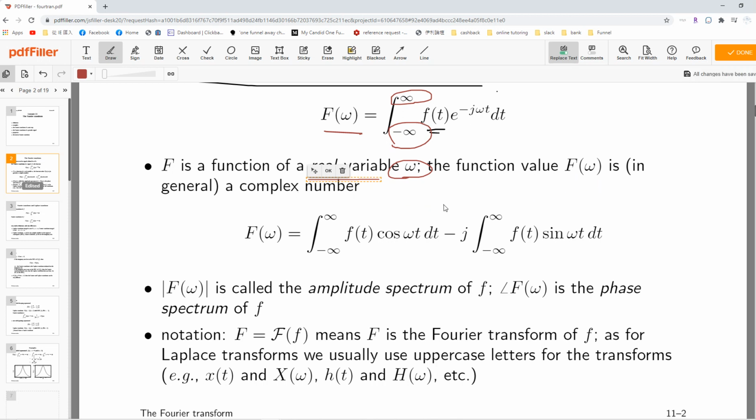Basically, you can write the exponential of minus j omega t as cosine omega t minus j sine omega t.